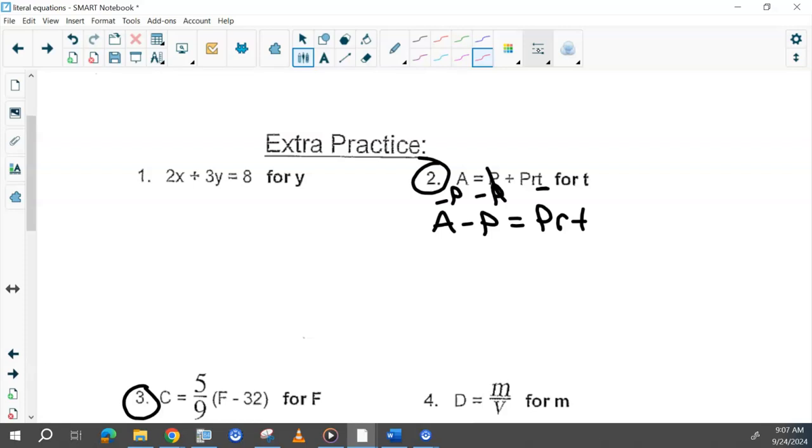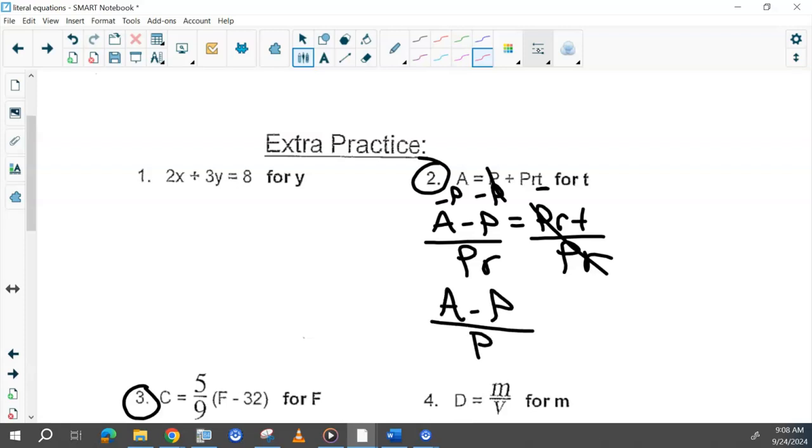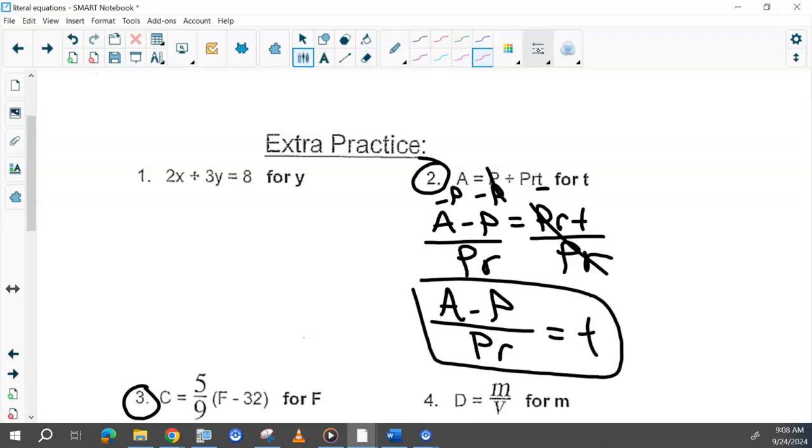And then since p and r and t are all next to each other, they're all multiplying. So to get rid of p and r, we're going to divide, but at the same time. So that p and r both cancel, leaving a minus p over pr. Questions on that one?